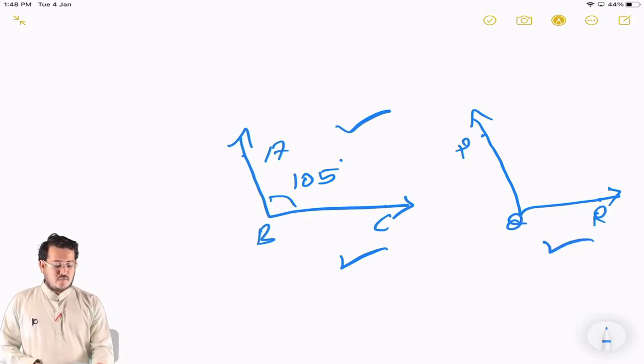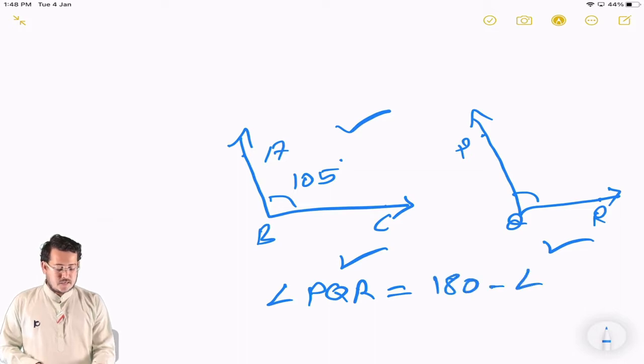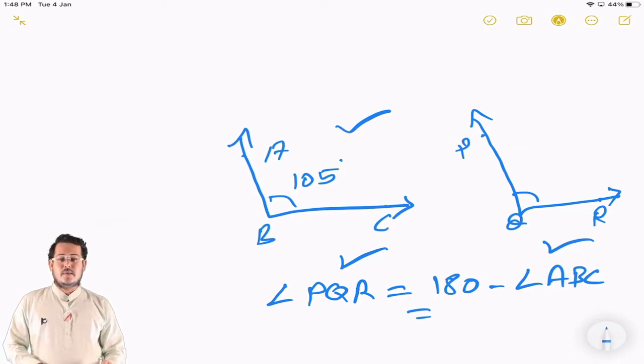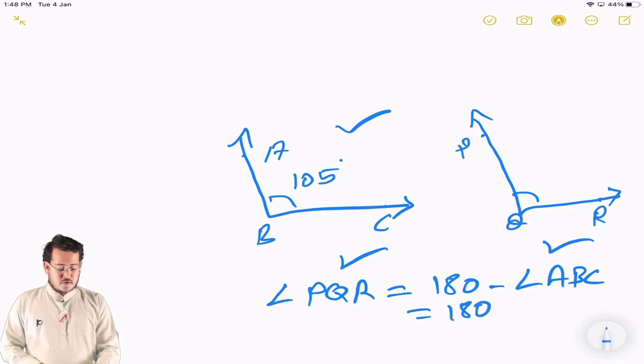So angle PQR is equal to 180 minus angle ABC, and as we have the measurement of angle ABC, it will be subtracted from 180, and it will be 75 degrees.